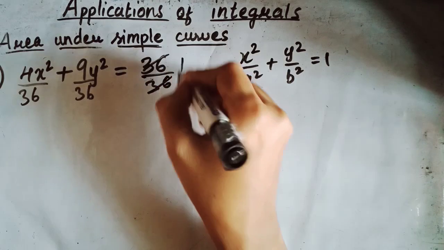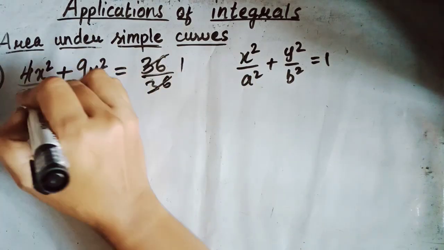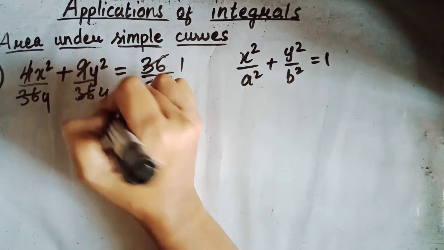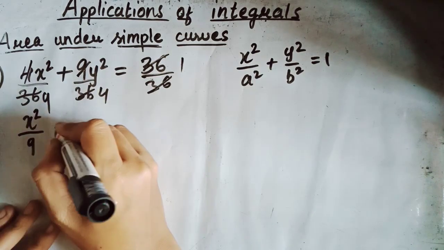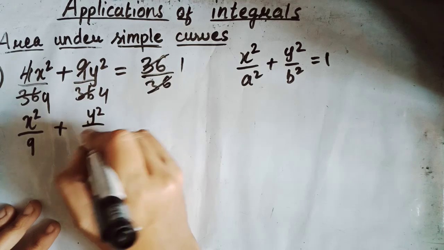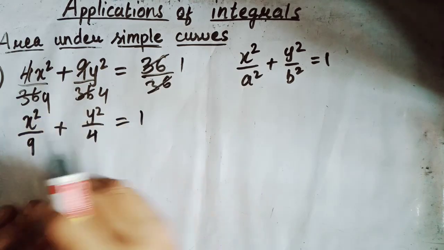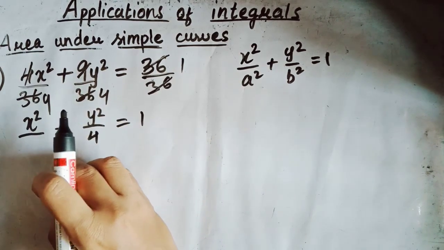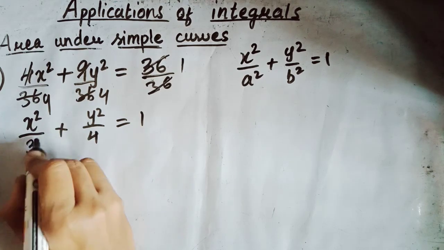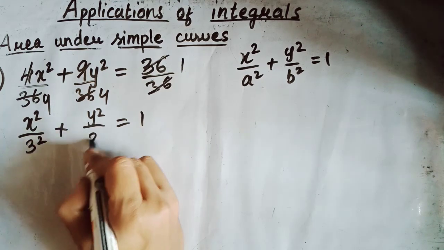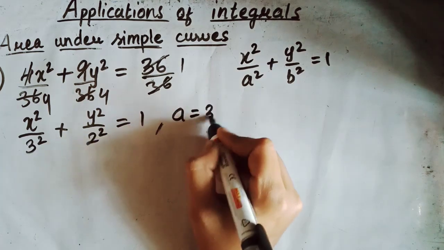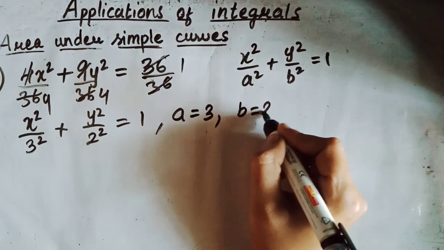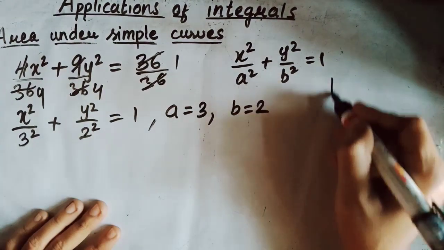So the new equation is x square by 9 plus y square by 4 equal to 1. So 9 you can write as 3 square and 4 as 2 square. So your a is 3 and b is 2. Let's draw the figure.